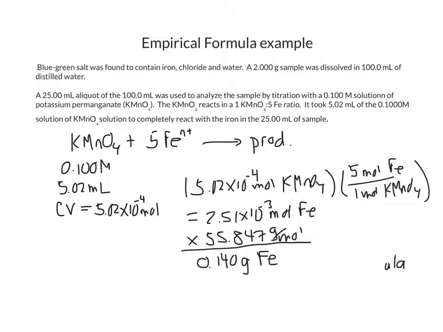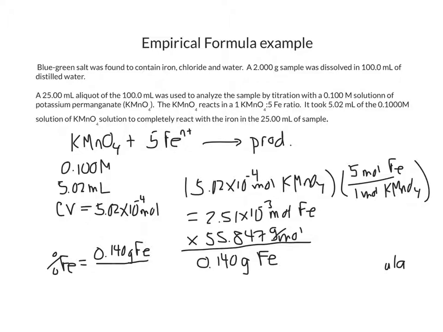Now, to find percent by mass iron, I need the mass of iron that's in my sample, 0.140 grams of iron, and then I need the total mass of my compound that was used in this analysis.